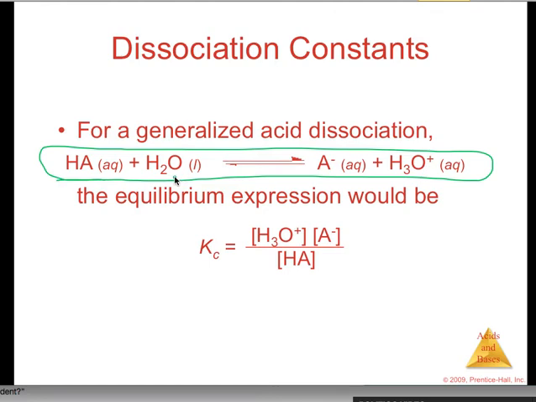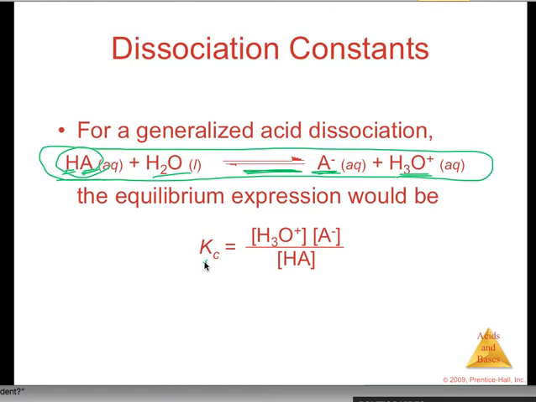You need to know how to construct this equation for any acid that you're given. This is the general formula for an acid. You have the hydronium H+, and then the anion. Water sets up an equilibrium with the anion from the acid and the hydronium ion.